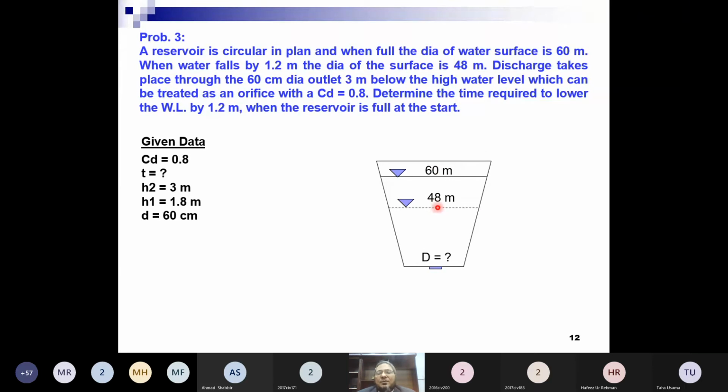It means when it drops by 1.2 meter, how much time will it take? When the reservoir is full at the start, suppose this is the maximum level of water which we can fill in the reservoir. Now this is a more complicated problem as compared to what we have previously solved.